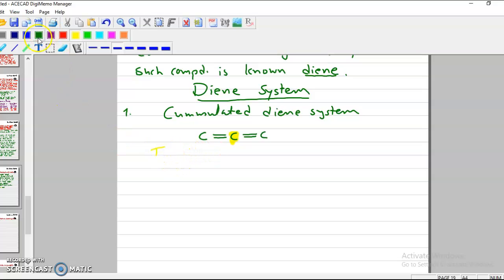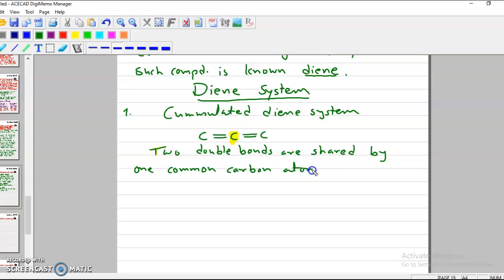So when two double bonds are shared by one common carbon atom, it is known as a cumulative diene system.